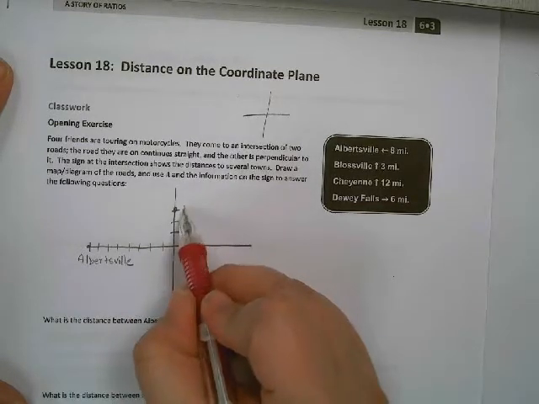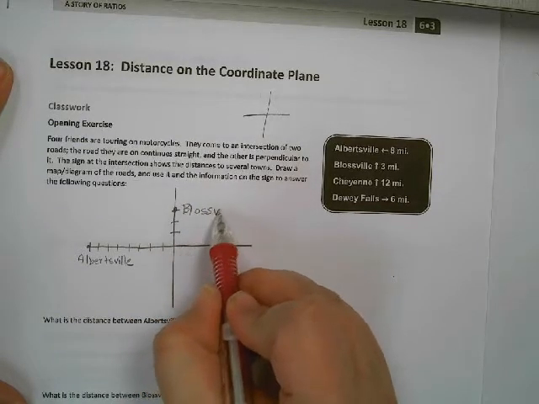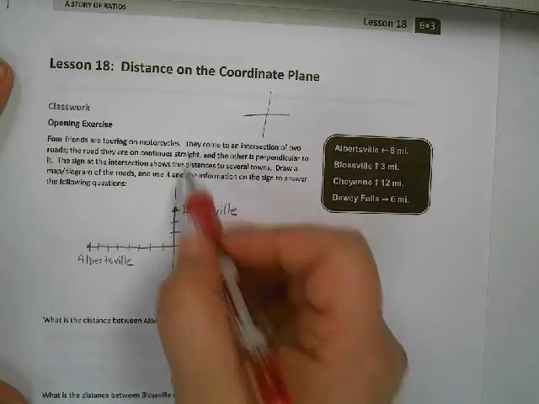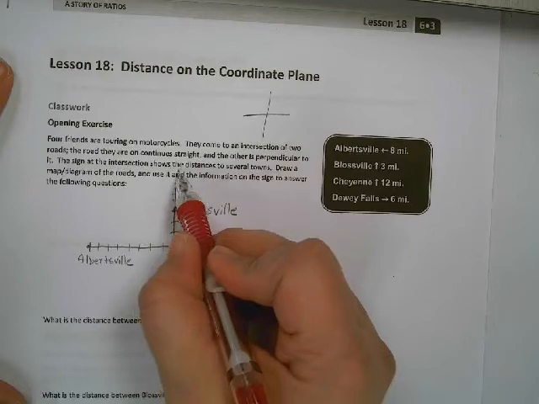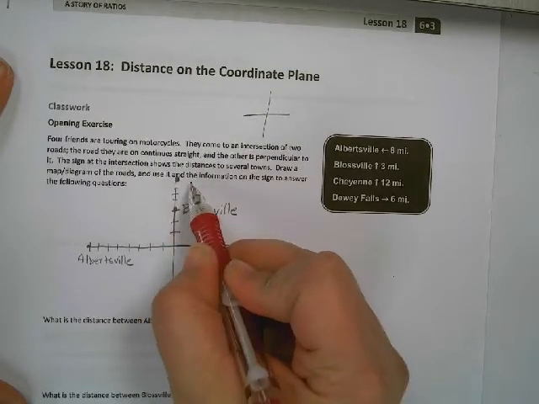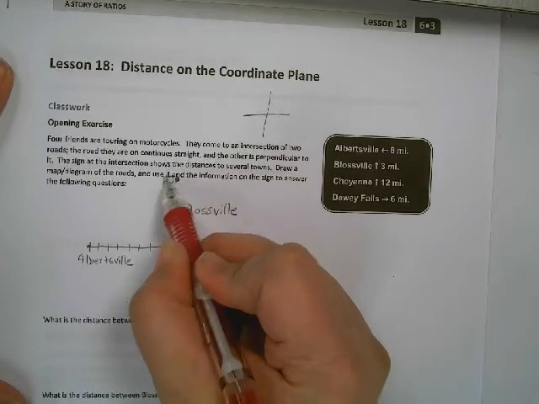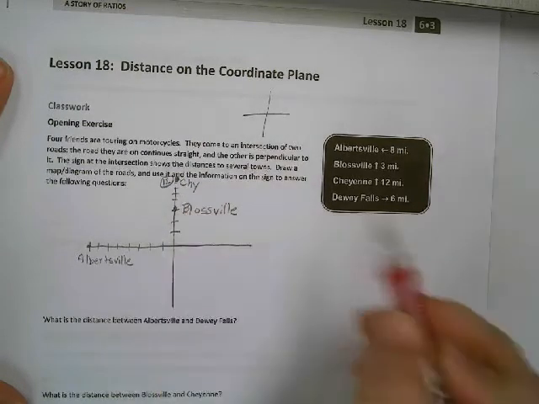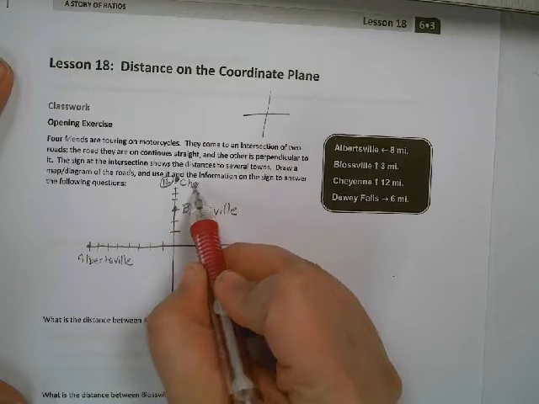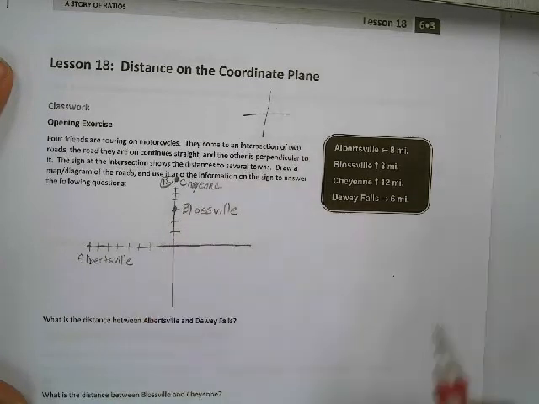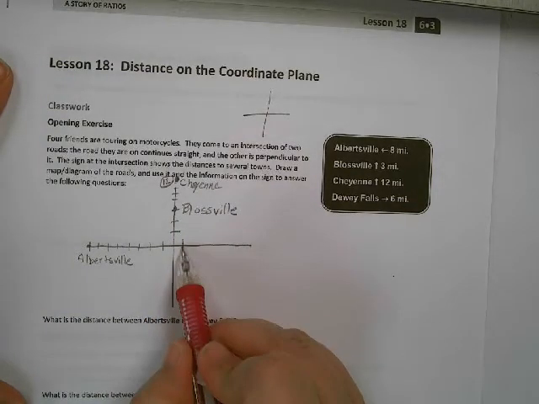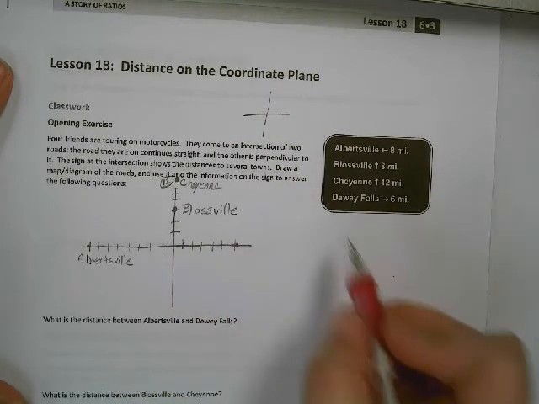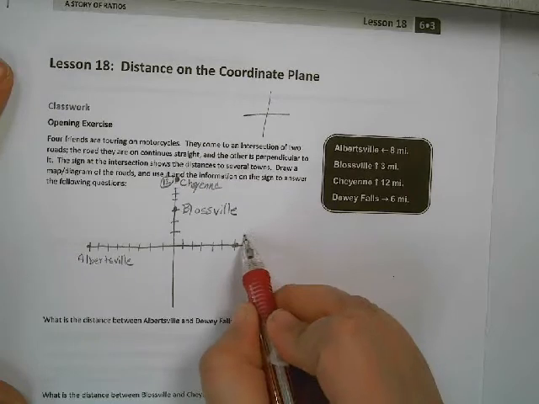This is Blossville. Cheyenne is 12 up, so I'm going to pretend that I'm counting 12 up, and I'm just going to put the number 12 beside that so that I remember. Cheyenne is 12 up. And Dewey Falls is 6 miles this way.